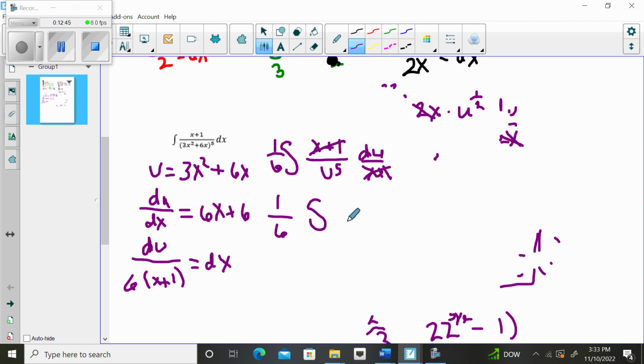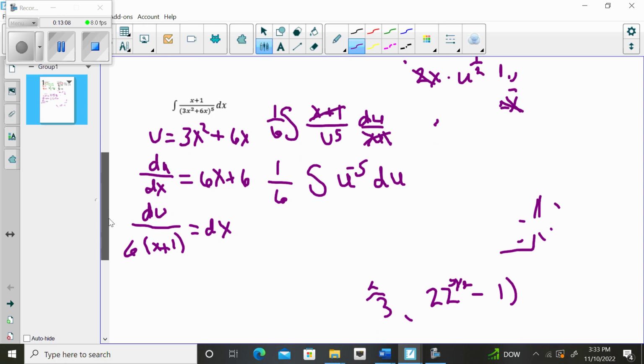I still have these symbols because I have not yet increased the power by 1 divided by the new power. That's when the integral and the du go away. Okay, so sometimes it feels like I've done an awful lot of work when I haven't even integrated yet. Okay, but I get to here.